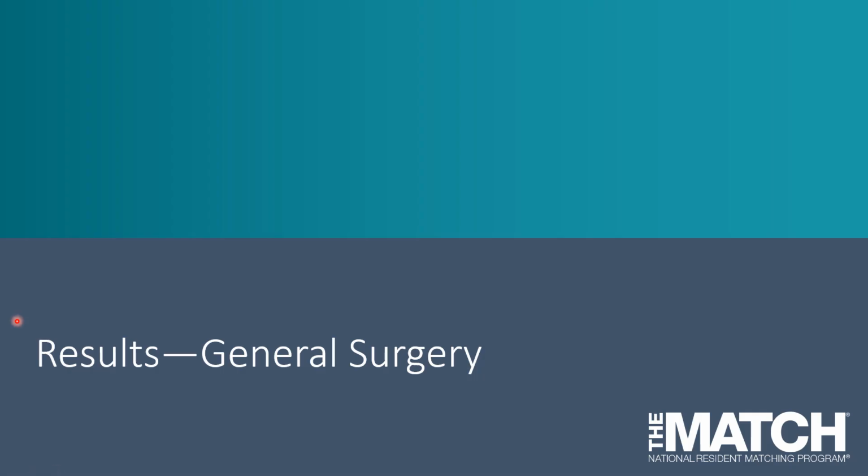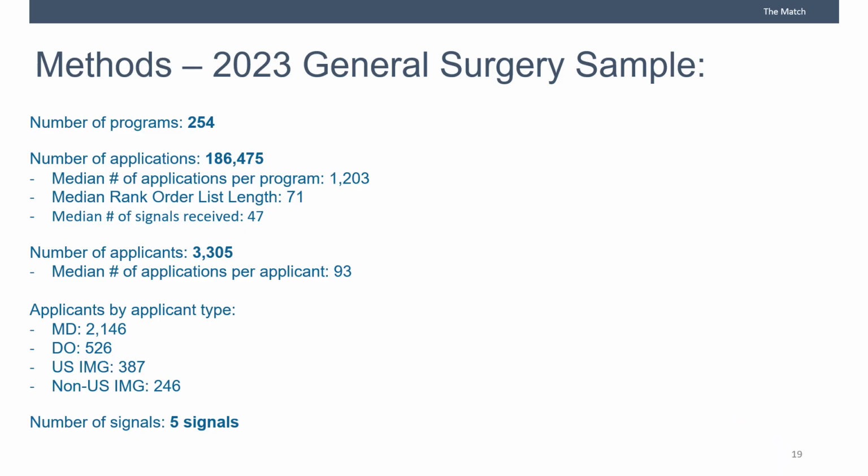Now let's get into our results. First, we'll be starting off with our general surgery results. On this slide, you can see the methods for our 2023 general surgery sample. This is some high-level information regarding our sample and the number of general surgery programs that were included in our analyses, which was based on the number of programs with a raw length of at least 30, was 254.